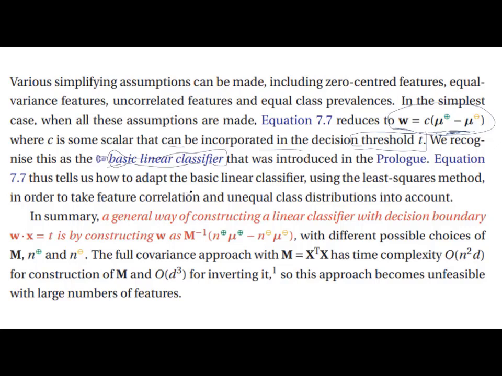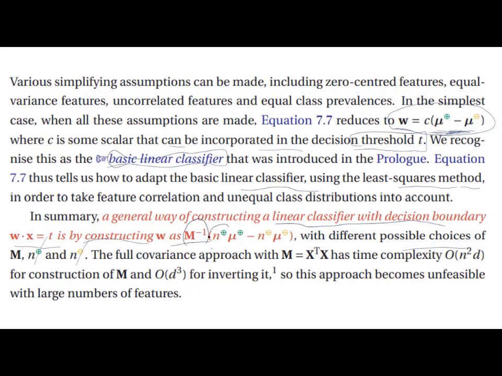This tells us how to adapt basic linear classifiers using least squares methods. Now, in summary, a general way of constructing a linear classifier with decision boundary with respect to t is by constructing w as M^-1 (n positive mu positive - n negative mu negative), with different possible choices of M, n positive, n negative.